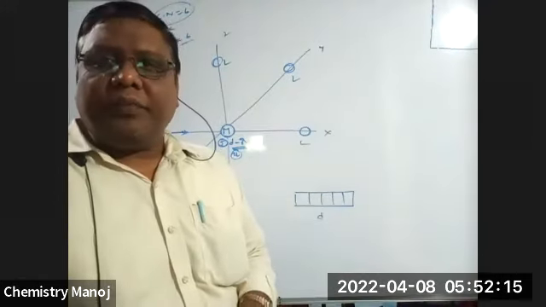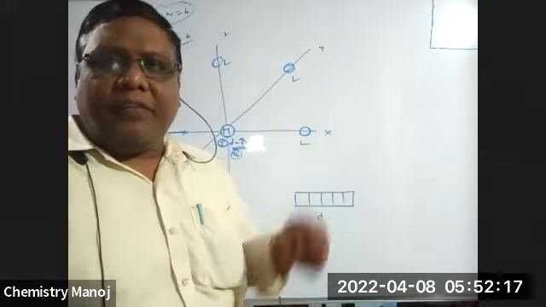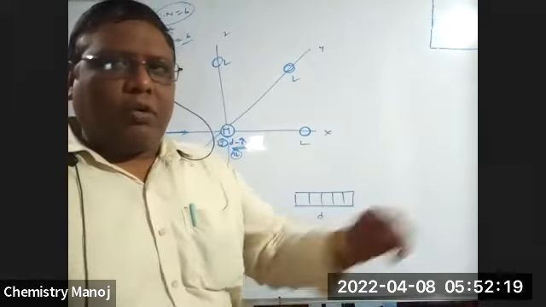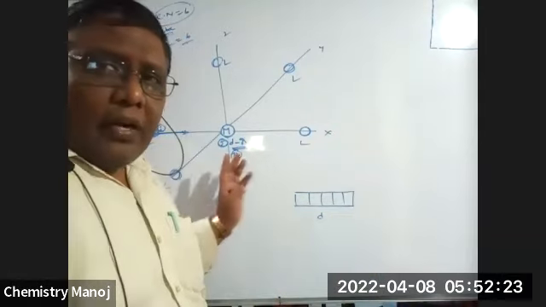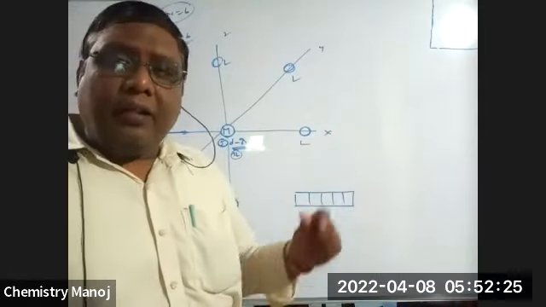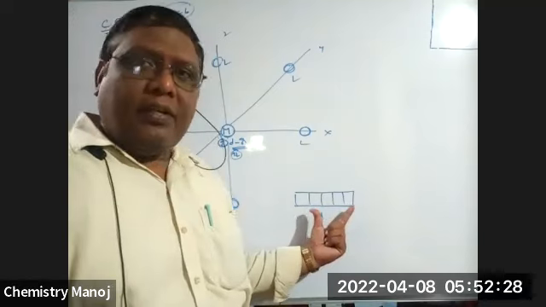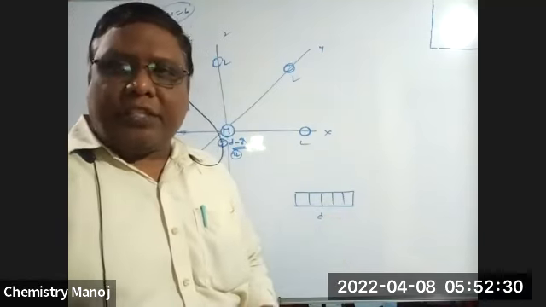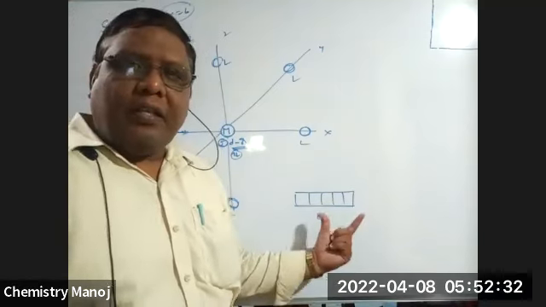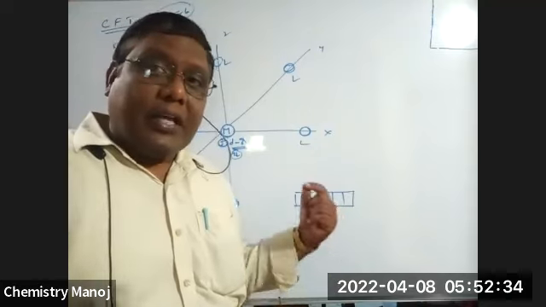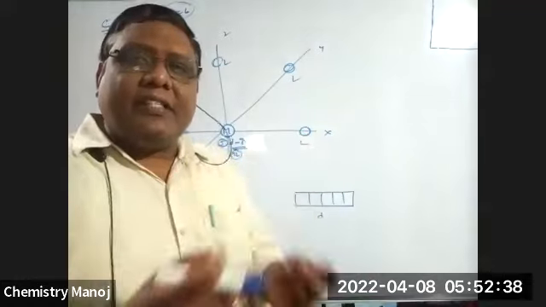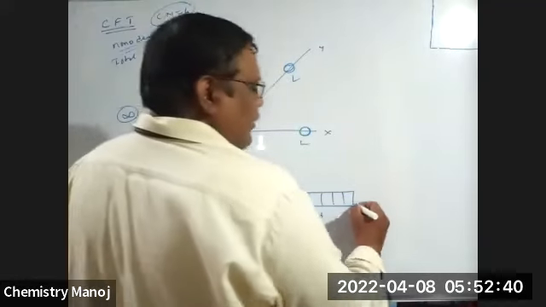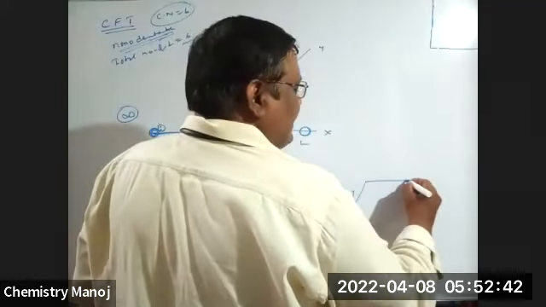When ligands and metal are very far away, with no attraction and no repulsion, all these 5 d orbitals are degenerate. Now, as ligands approach the metal, all the 5 d orbitals' electrons equally experience repulsion. Because of the repulsions, all these orbitals have equal repulsion and their energy is increased. So all these 5 orbitals equally increase their energy.